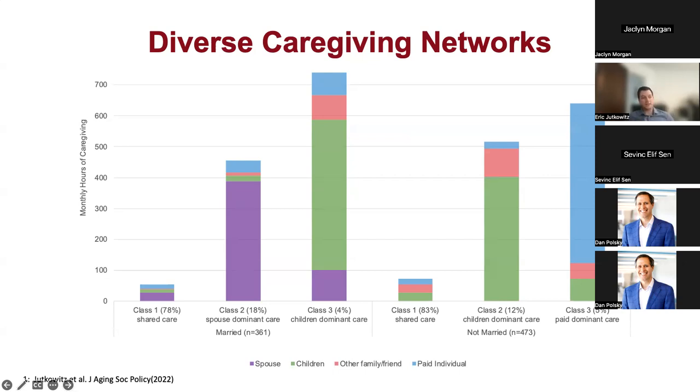Looking on the right side, in the unmarried sample, 12% received most of their care from children, so children were the dominant caregivers, and then this one-off group to the right, 5%, they're receiving a majority of their care from paid individuals. And if you were to have looked at the demographic characteristics, you may have been able to guess that the people on the far right, the paid dominant care class, actually had the highest net worth out of all these groups.